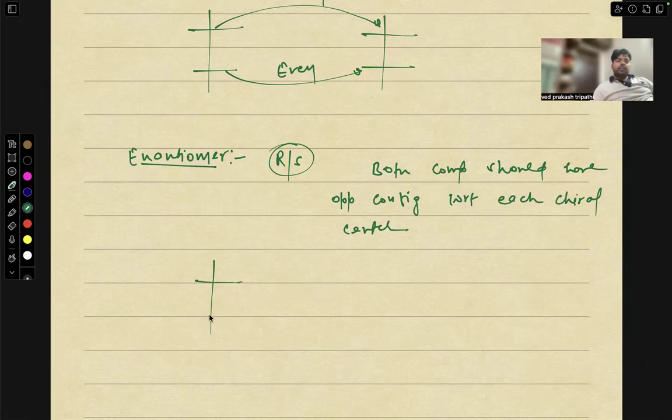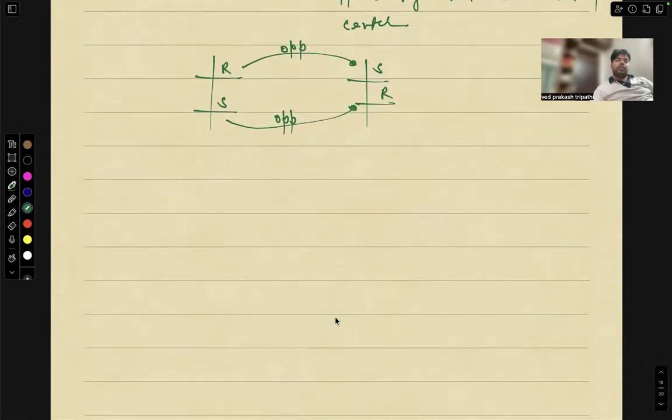It means this is R, this one is S. So it should be opposite as S and it should be opposite as R. So this kind of relationship is called enantiomer.